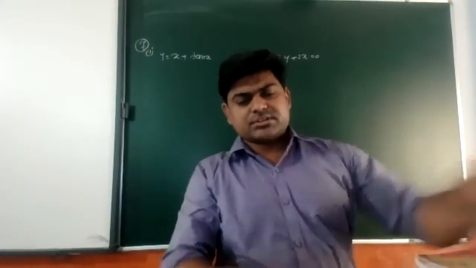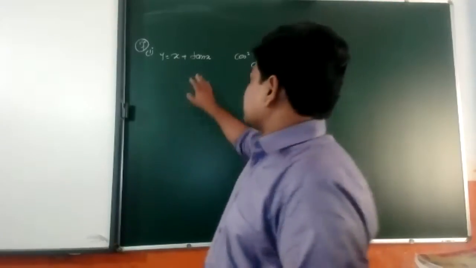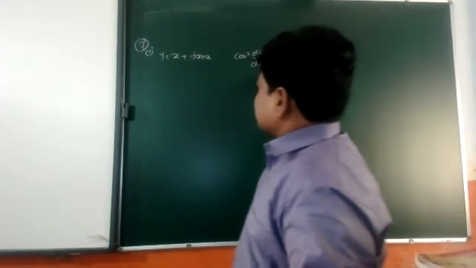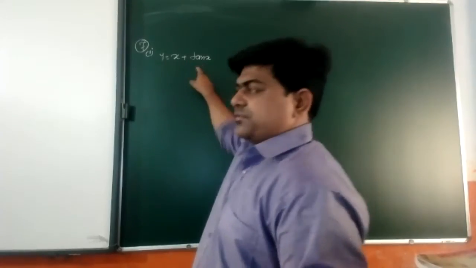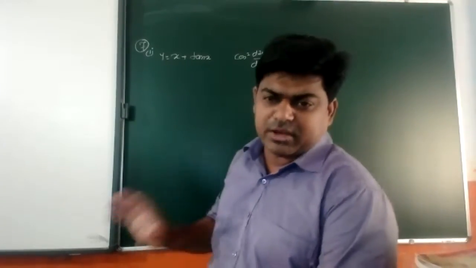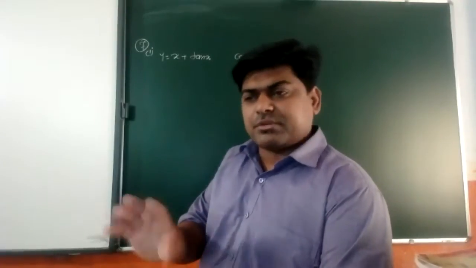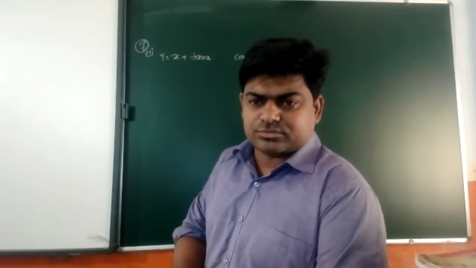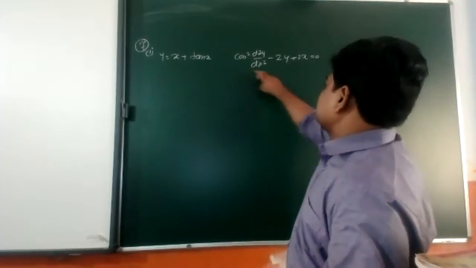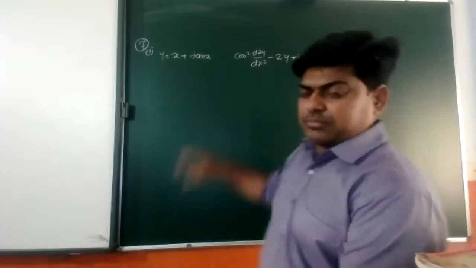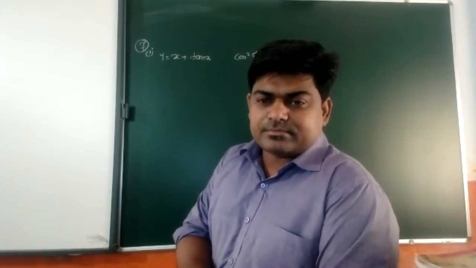One point you should keep in your mind. When we start to prove these things, here y is equal to x tan x. Definitely, first we will find dy by dx, and after that we will find d2y by dx square. Sometimes we easily get the result, but sometimes some arrangement is required.